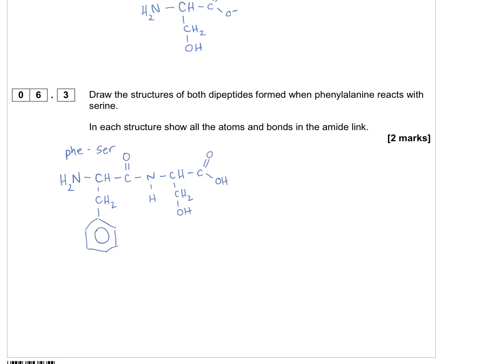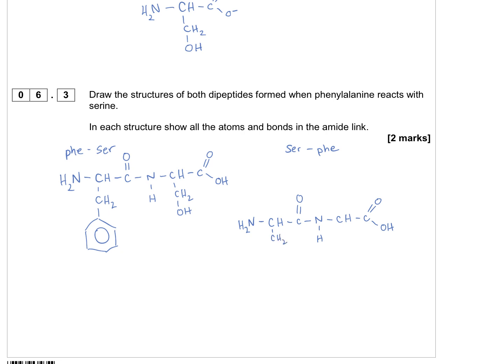And the second dipeptide would be serine and then phenylalanine. So if we draw serine first, and then remember we've got our amide link. So draw the basic dipeptide structure, and then go back and add the R groups in the correct order.